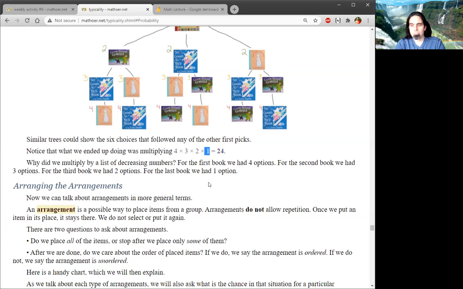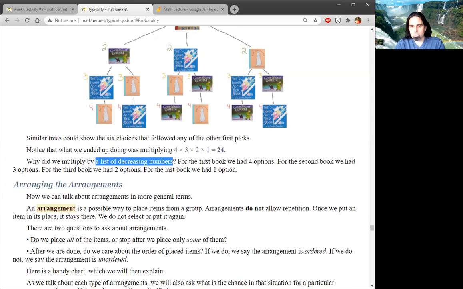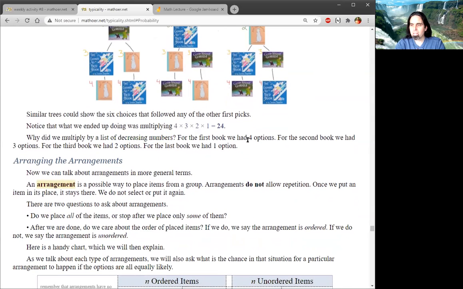There's no more choices. Why did we multiply by that list of decreasing numbers? Because the number of options we had each time goes down by 1 when there's 1 less book, because it's on the shelf. Everyone okay with that example?